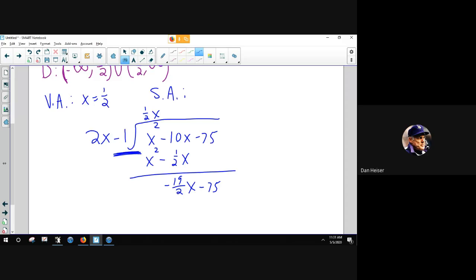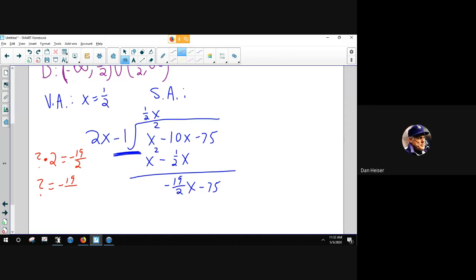Now I need something multiplied by 2, something here multiplied by 2 that's going to equal this value. We'll go off to the side. Here's what's going on. Something multiplied by 2 is equal to -19/2. So the way we determine that is simply divide both sides by 2.